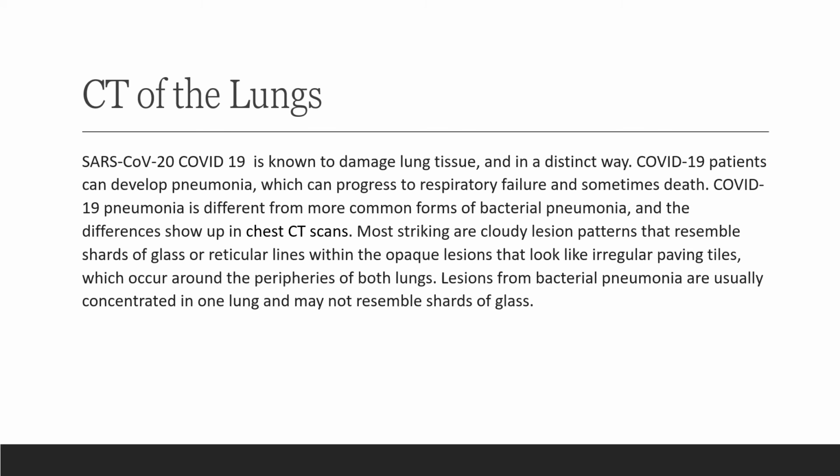So when we look at the CT of the lungs, it's different. The lungs of a COVID-19 patient actually look different than those of somebody with bacterial pneumonia. There are very, very specific things, cloudy lesions that appear like glass.